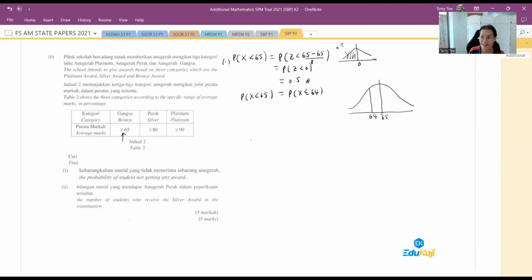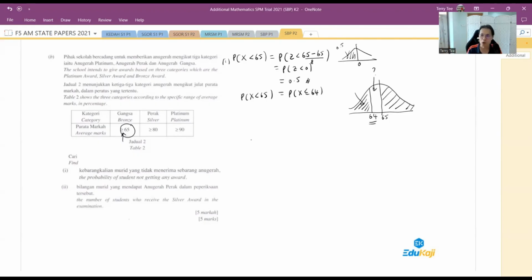When we say less equals 64, that means you're taking this area, right? So what happened to this area in between? Do we just ignore it? We can't, right? For those who get 65 and above, it's here. Less than 64 and less equals 64 is actually the same in a normal distribution. So you're taking this area here. So here's the problem. What happened to the area in between?